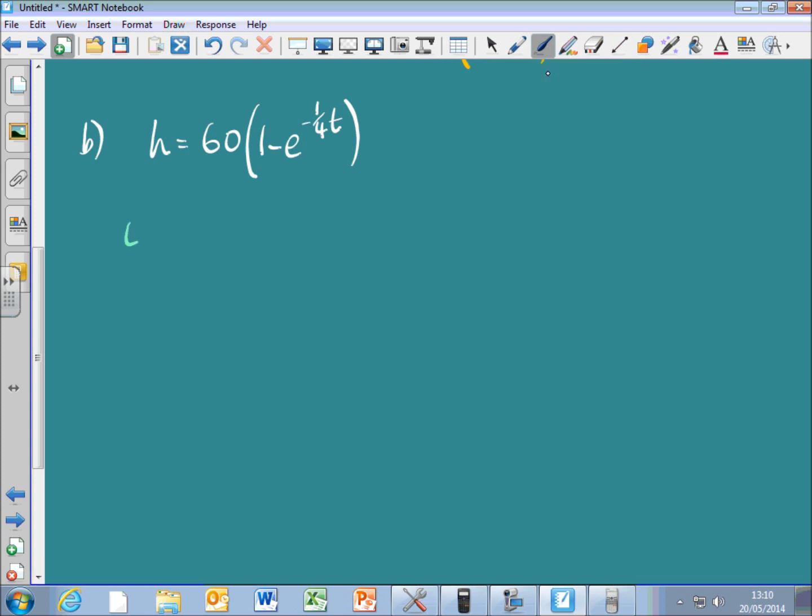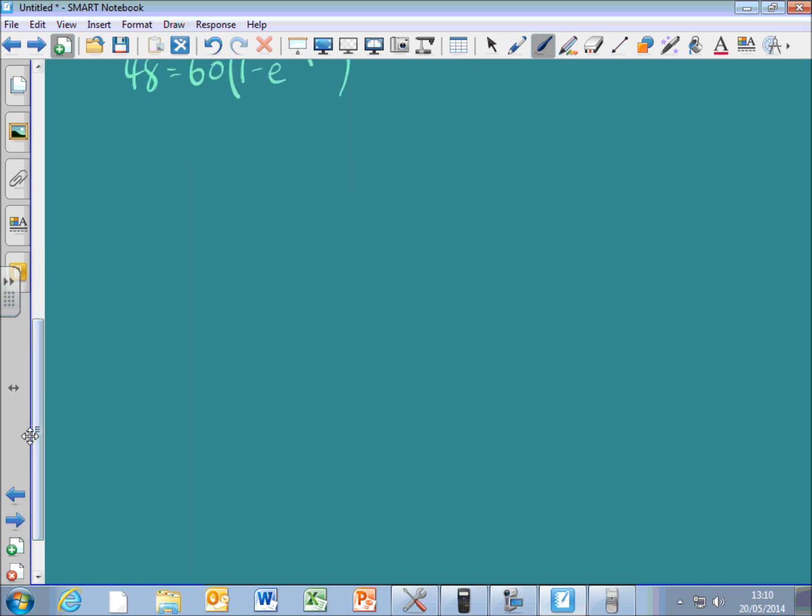We want to find out the time, so we sub 48 in, and I'm just going to rearrange, so I divide by 60, so this is 48 over 60, which goes to 12 over 15, which is 4 over 5, and this is equal to 1 minus e to the minus a quarter t.